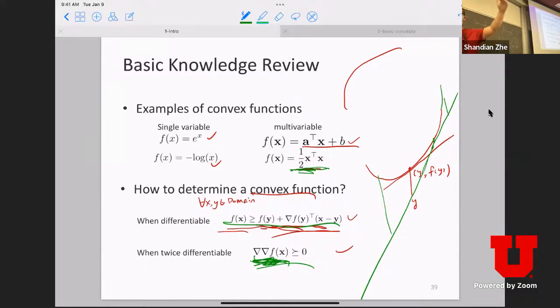If you take the gradient of the vector, it will be a Jacobian matrix. But just give me a guess. What's the Hessian matrix of this particular function? Yes, identity. More accurately, it should be half of identity. And I will leave this exercise for you to check why.